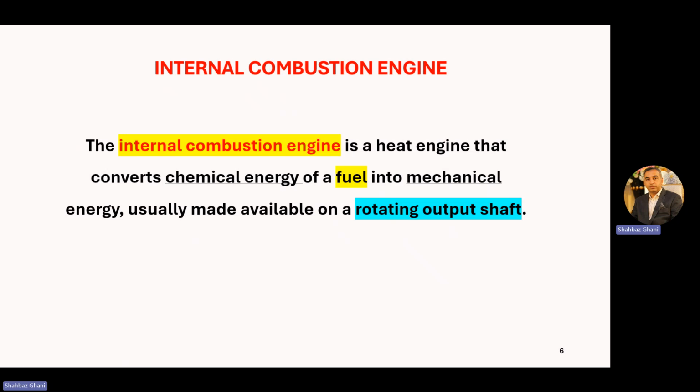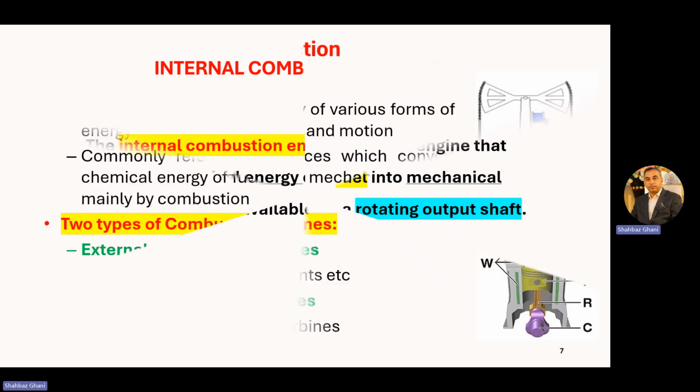That rotating output shaft is your crankshaft. So in simple terms, that energy is available to you on a crankshaft.